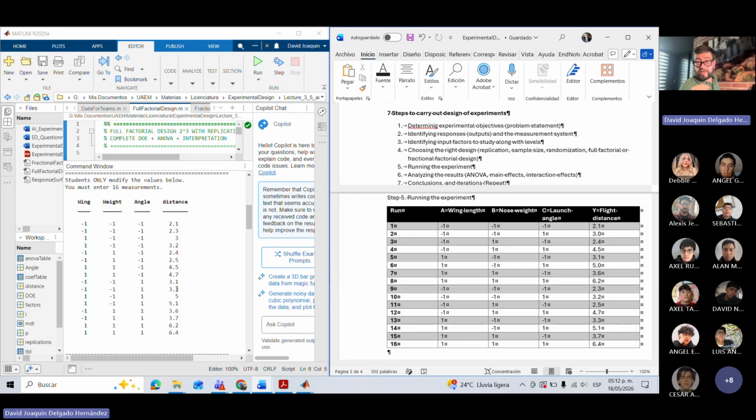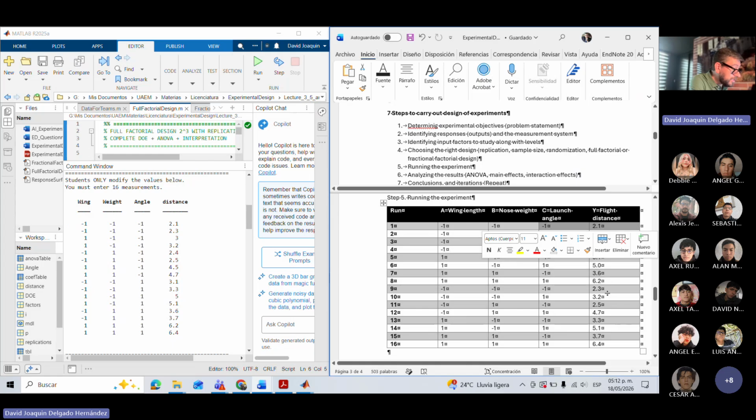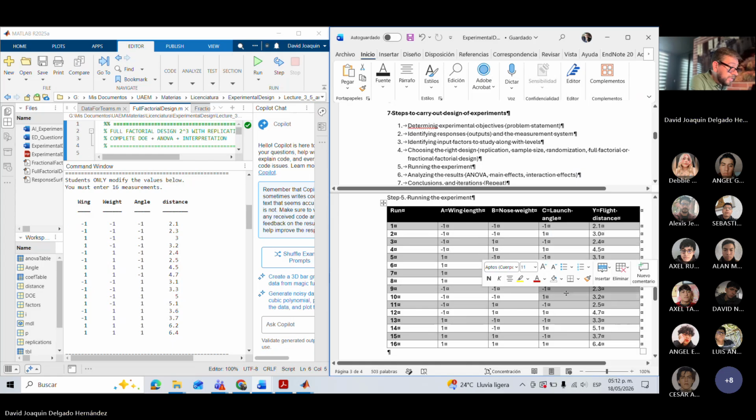It's being carried out 2 times, one after another, and in this case, it has recorded the two values, 2.1 and 2.3, which correspond to this very first experiment and experiment number 9.